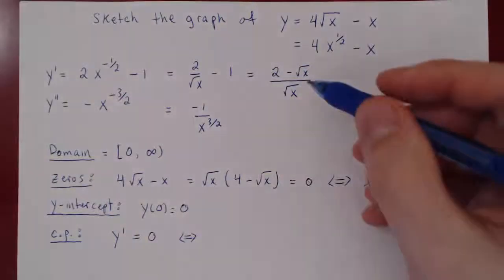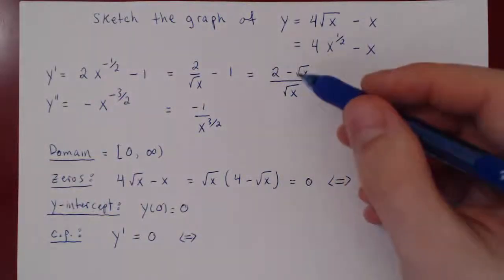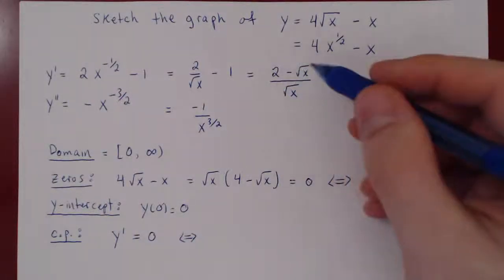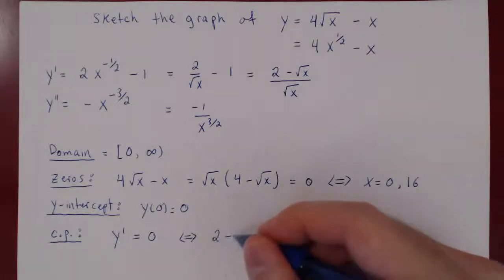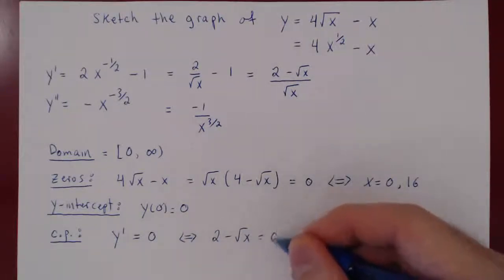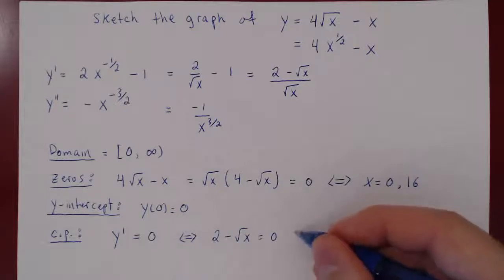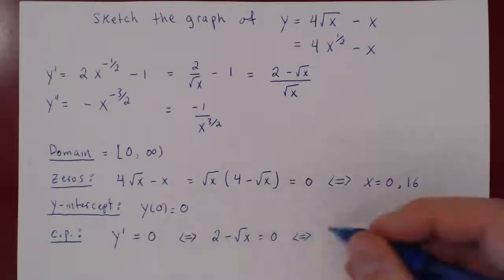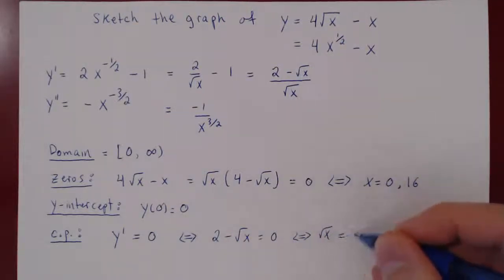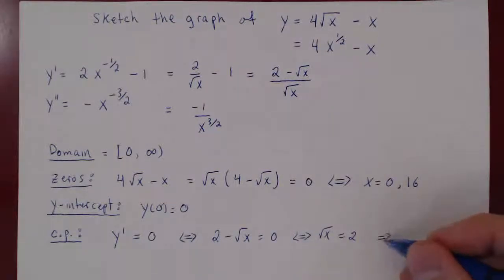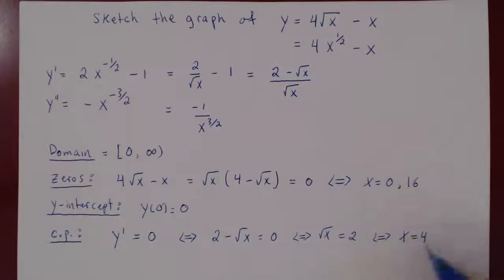Well, the derivative is a fraction, and a fraction can only be 0 if the numerator is 0. So 2 minus root of x would be equal to 0 if and only if root of x equals 2. Square both sides, if and only if x is equal to 4.